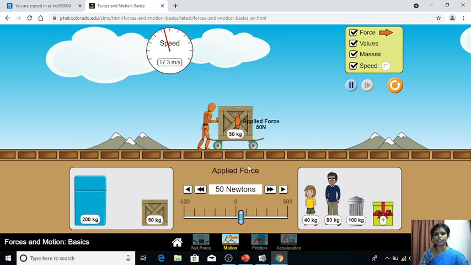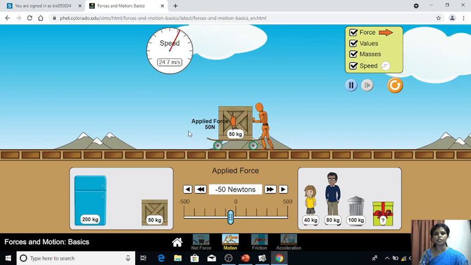Now I am pulling from the opposite direction. Now what is happening? Look at the speedometer. Now the speedometer has started moving in the opposite direction and the cart is changing its direction of movement, right? So force can change the direction of motion also, isn't it?